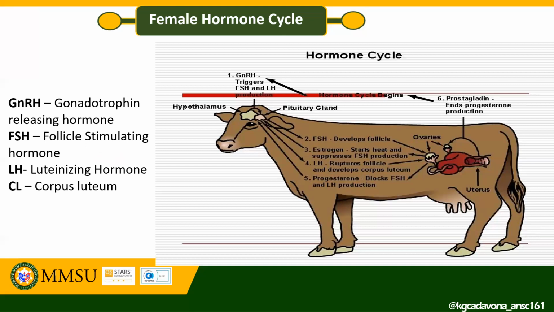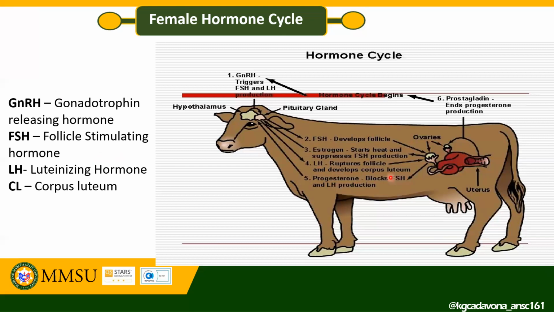And this time, ini-encourage na niya yung production ng LH or the luteinizing hormone by the pituitary gland. Now, once na na-produce si LH, is responsible now for the follicle to release the egg, which is eto na yung tinatawag natin na ovulation.